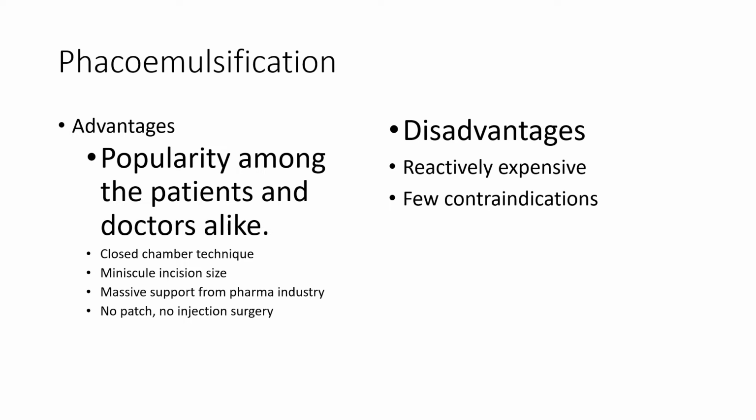So it has a closed chamber technique, a minuscule incision size, massive support from pharma industry in a form that you have foldable, rollable IOLs which are available in all variety of optics, and there is no patch and there is no injection needed if it is done under topical anesthesia, which is very much possible for phacoemulsification.